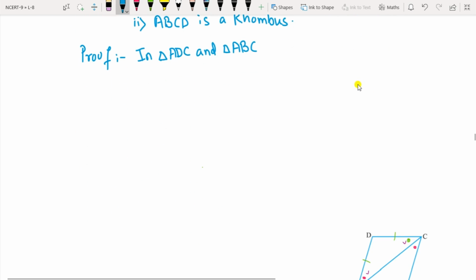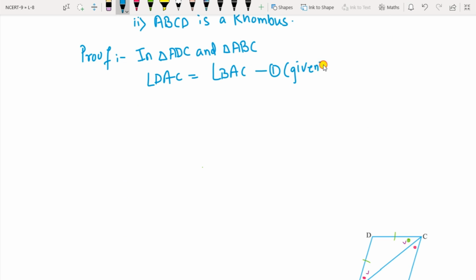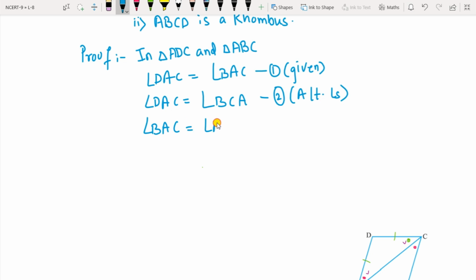Now we will write it in sentences. Angle DAC is equal to angle BAC, equation 1, which is given. Then angle DAC is equal to angle BCA, equation number 2, because of alternate angles. The third one is angle BAC equal to angle ACD, equation 3, also alternate angles.